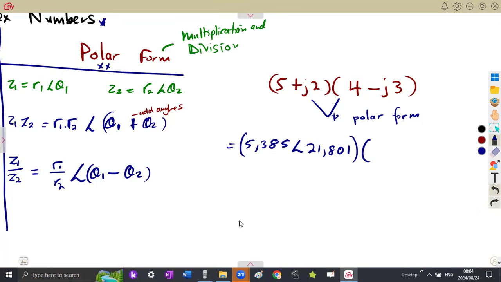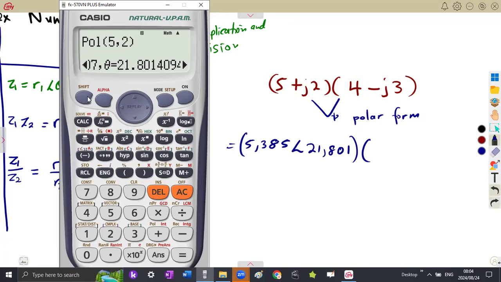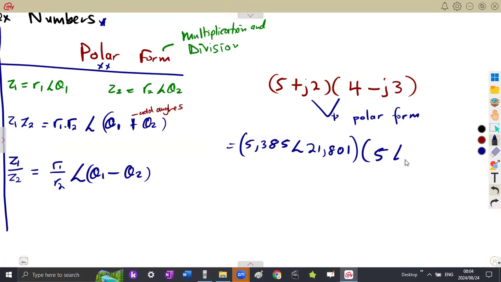Let's convert it again to polar form. Okay, so it's shift polar form. Separate the numbers with shift, close bracket. So you're going to press minus 3. There's a minus there. Okay, let's see what we're going to have. Our R there is 5. So this is going to be 5 angle of theta.